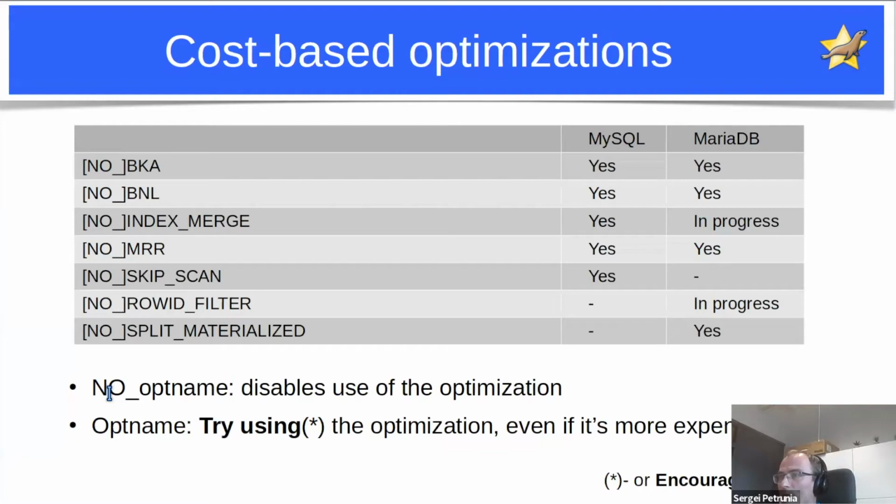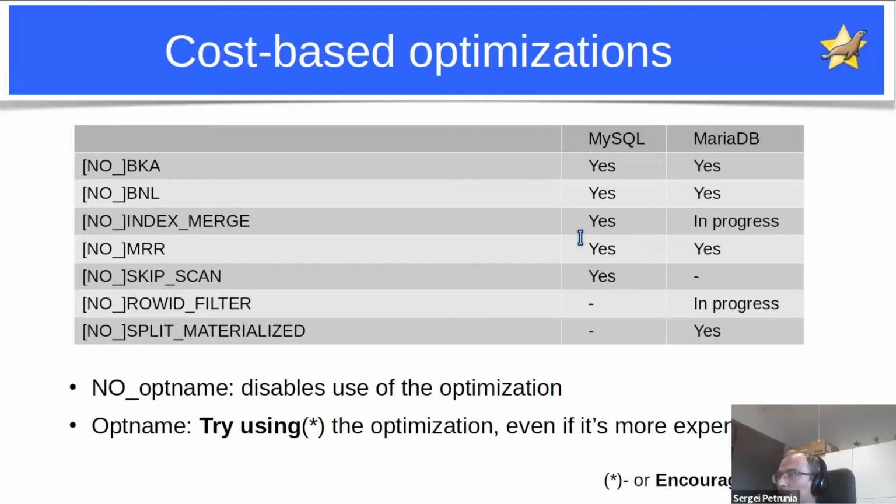No hints are easy. They just disable the optimization. Hints which specify to use an optimization are kind of best effort. We will talk about that in a few slides.